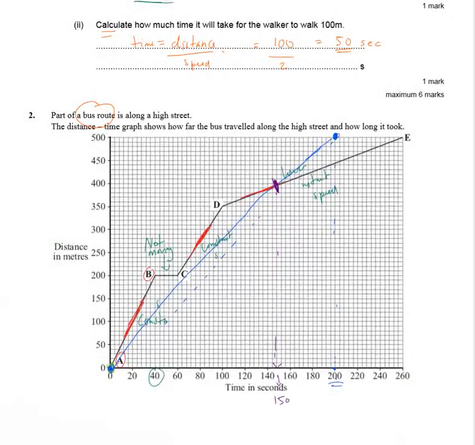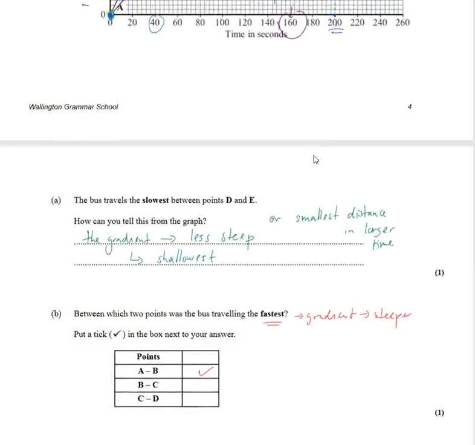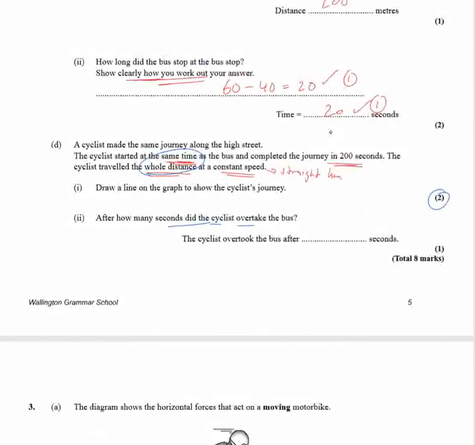Now, you should be able to do this in a straight line. If you draw the graph in a straight line, I'll try to do this as straight as I can. So I'm getting 160. If you do it straight, then you should be getting a proper answer. So 160.